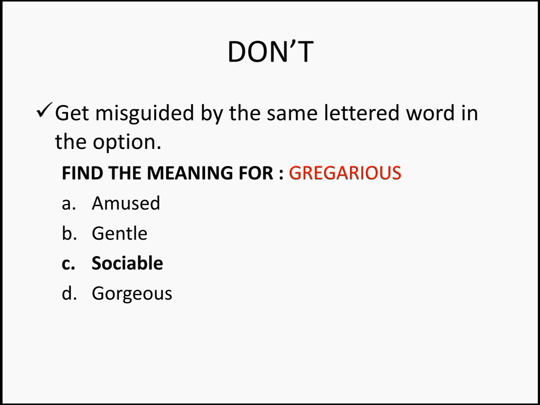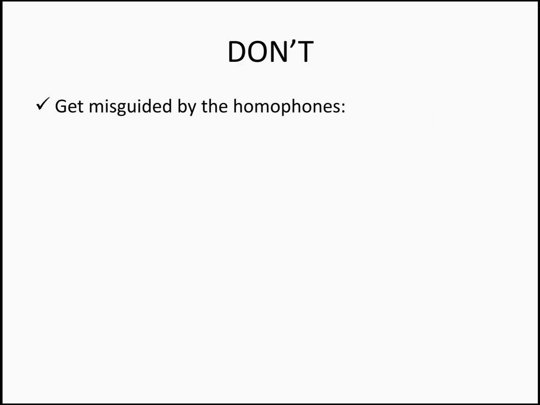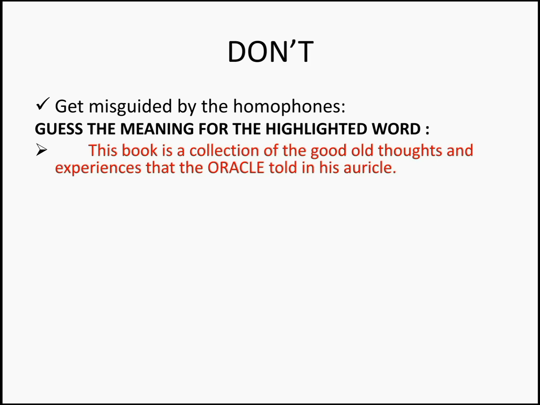Getting to the next don't: do not be misguided by the usage of homophones. For example, look at the question. The book is a collection of the good old thoughts and experiences that the oracle told in his auricle. Now have you heard the question carefully? The highlighted word is O-R-A-C-L-E, oracle. But you have another word in the same sentence, A-U-R-I-C-L-E, that sounds the same, which means it is just an outline of an ear.